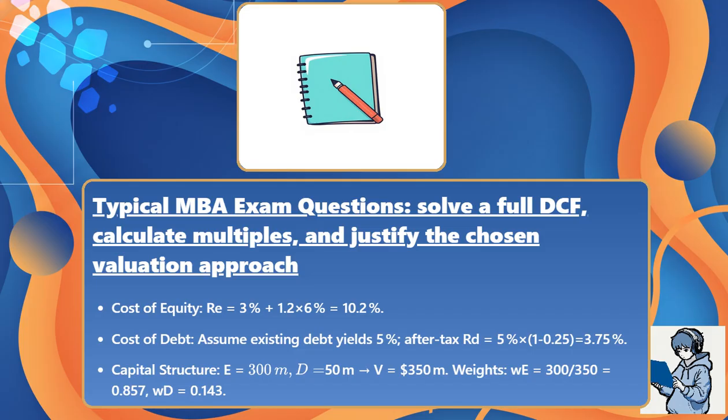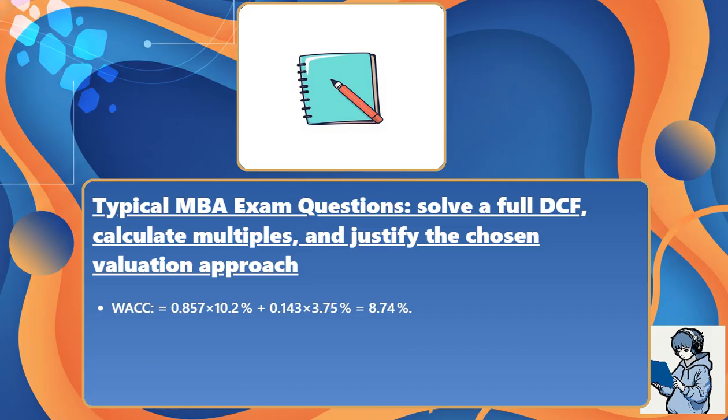Weights: WE equals 300 divided by 350 equals 0.857, WD equals 0.143. Weighted average cost of capital equals 0.857 times 10.2% plus 0.143 times 3.75% equals 8.74%.